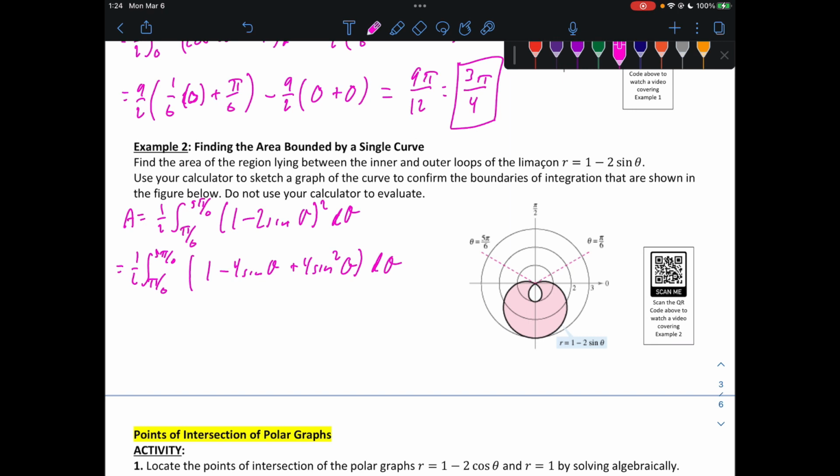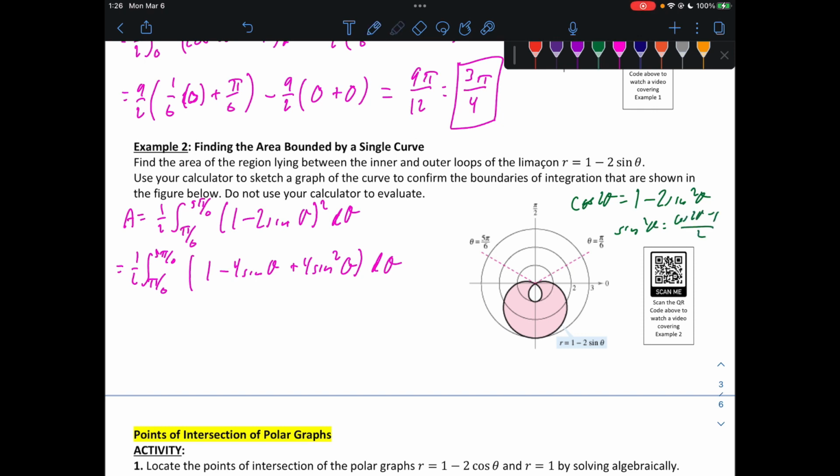Okay, now again, we're going to use another one of those double angle formulas here to integrate sine squared. The other cosine 2 theta formula, I should say the other, there's a couple of them, is 1 minus 2 sine squared. So with some manipulation there, we end up getting sine squared is equal to cosine 2 theta minus 1 all over 2.